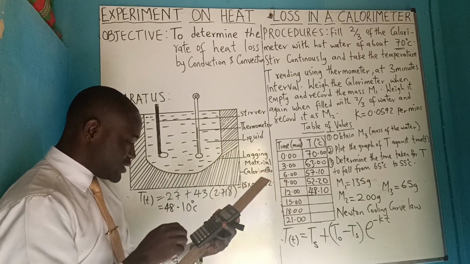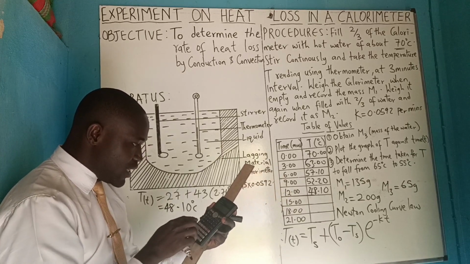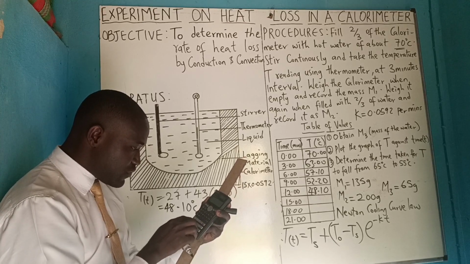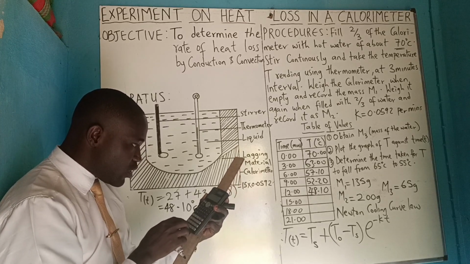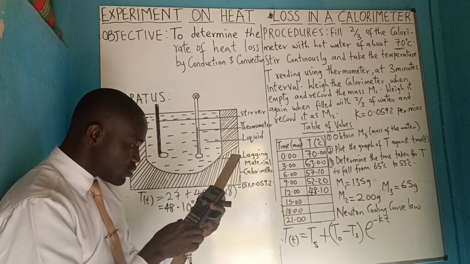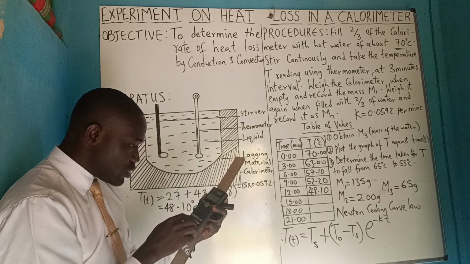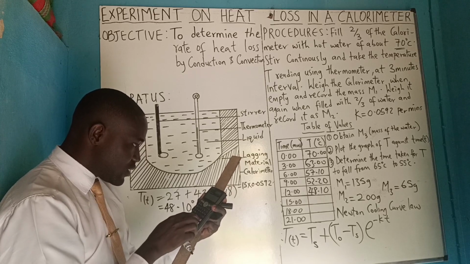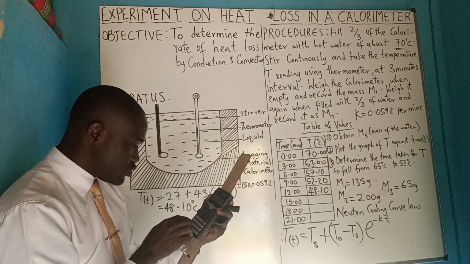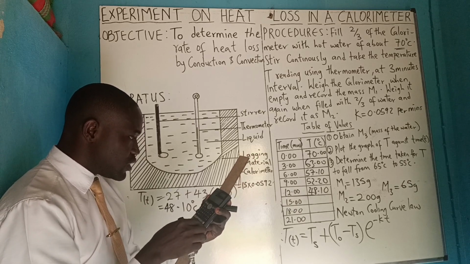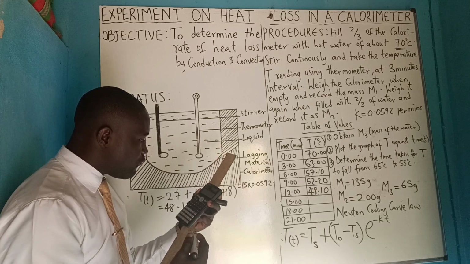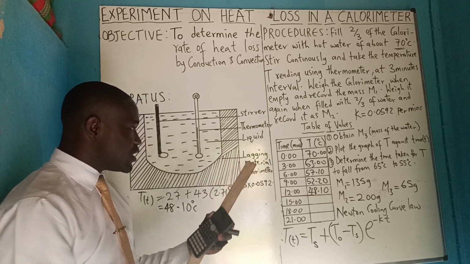You'll be saying again 2.718 raised to the power of bracket minus 15 times 0.0592, times 43, plus 27. That is 44.7 degrees.